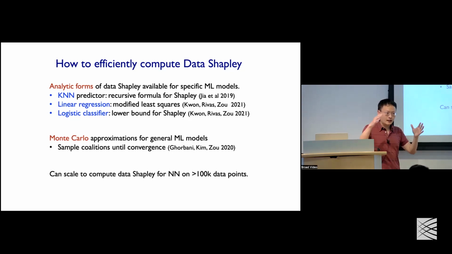Instead of taking that exact sum across the different subsets, you randomly generate subsets where you first sample the size of the subset, which is the number of data points in that set, and then you sample the specific data points to put into the set. It turns out that those Monte Carlo sampling schemes can be made to converge very quickly, usually on the order of a few hundred samples.